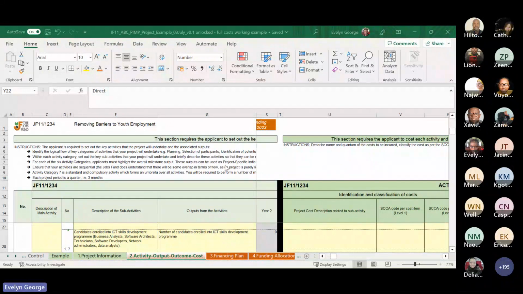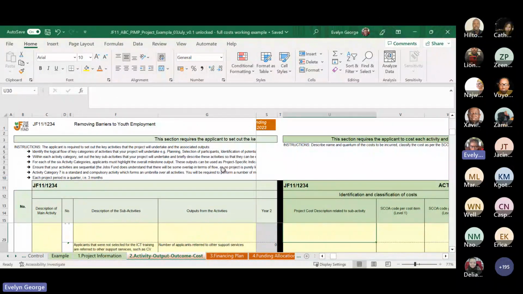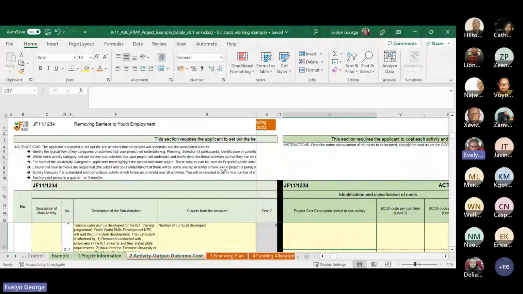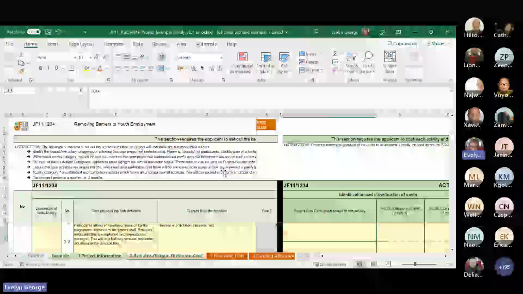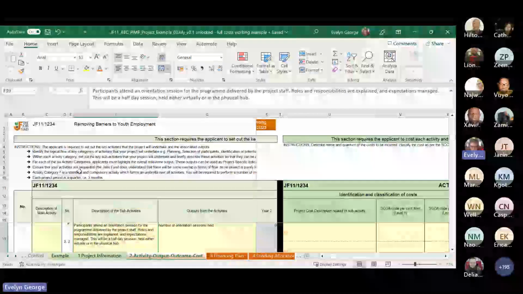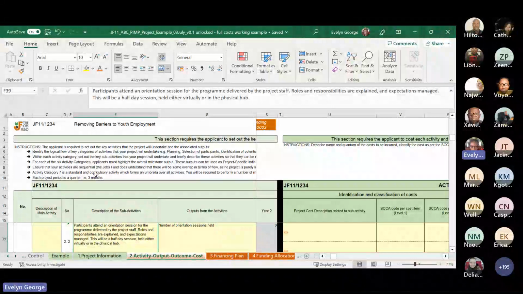So when we move on to activity 2, which is the training aspect of it, if we go to 2.2, we are told that there's an orientation session. It's half a day. It may be virtual or physical.